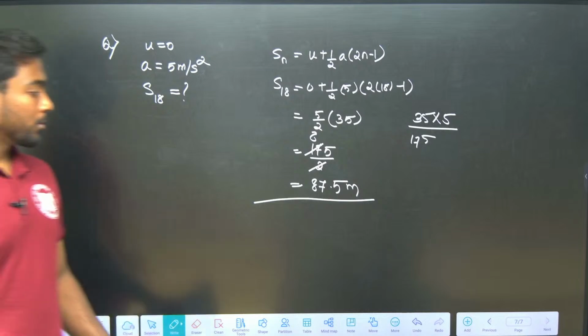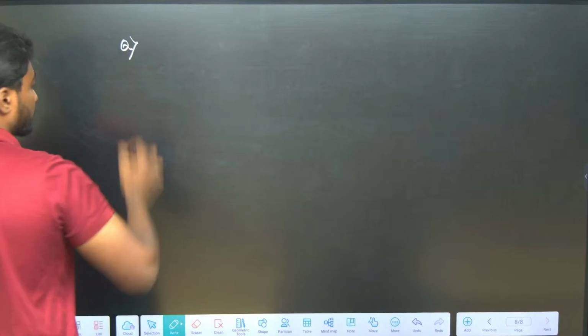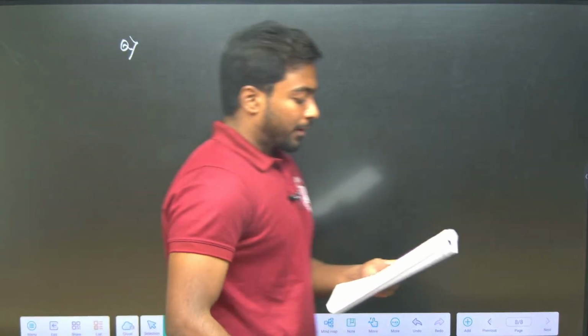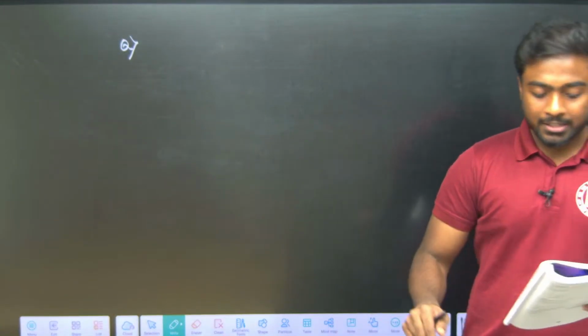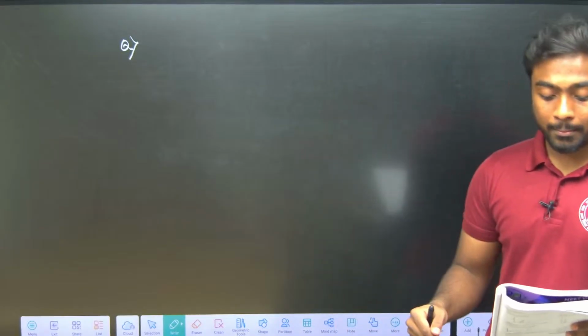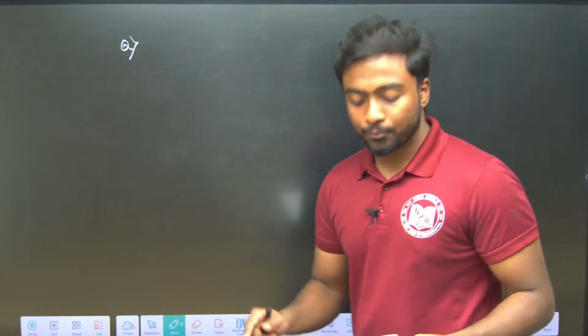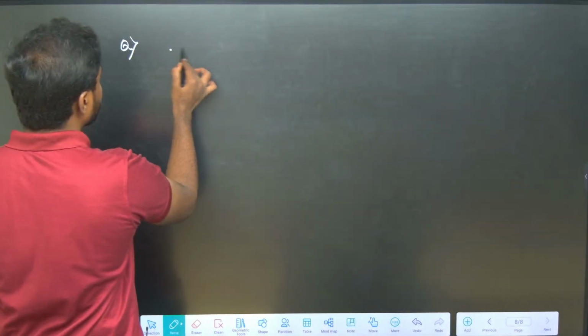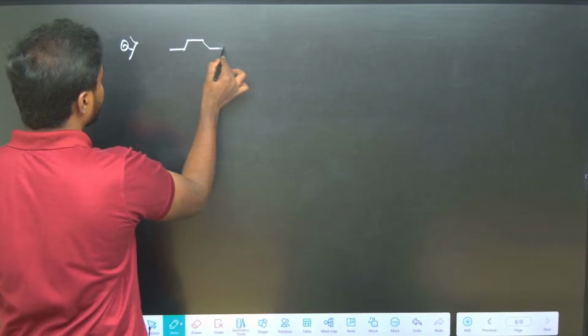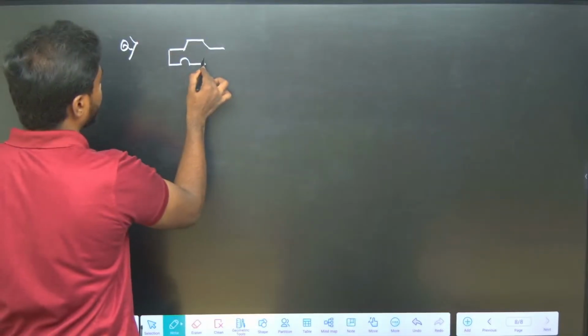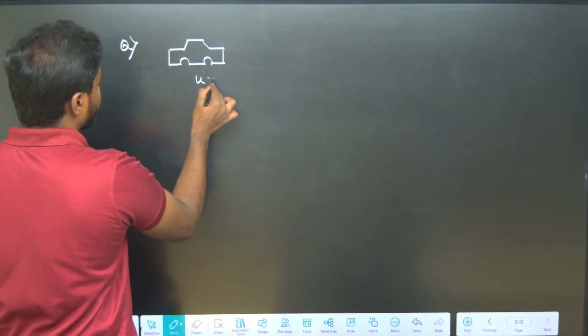Okay, so the next question is: if a car at rest accelerates uniformly to a speed of 144 kilometer per hour. So initially there was a car at rest, u is equal to 0.